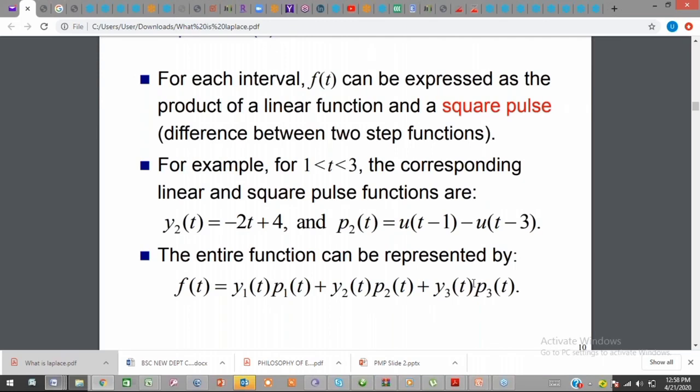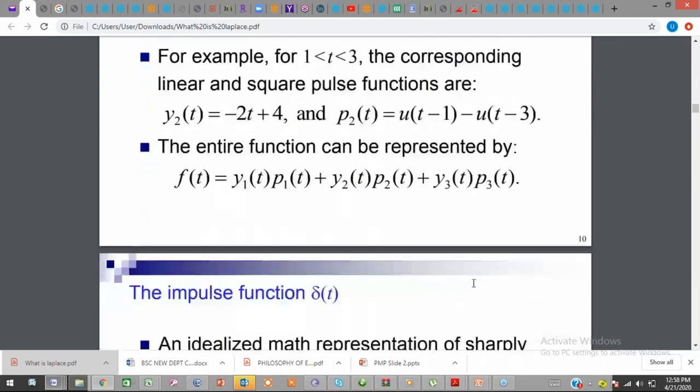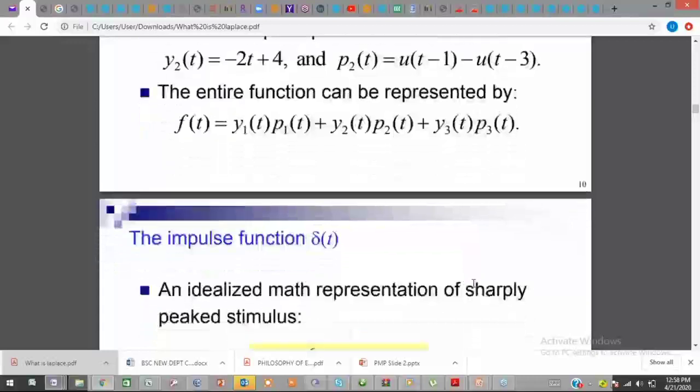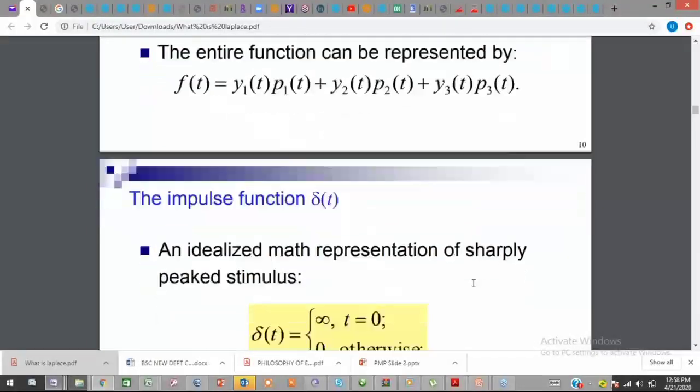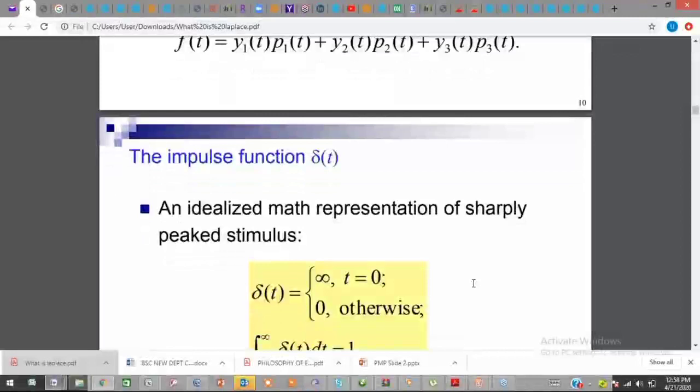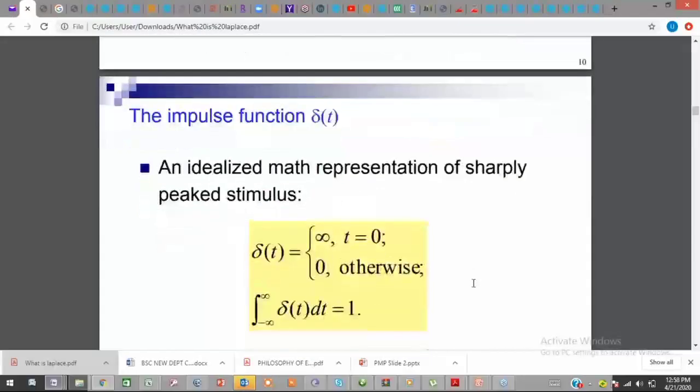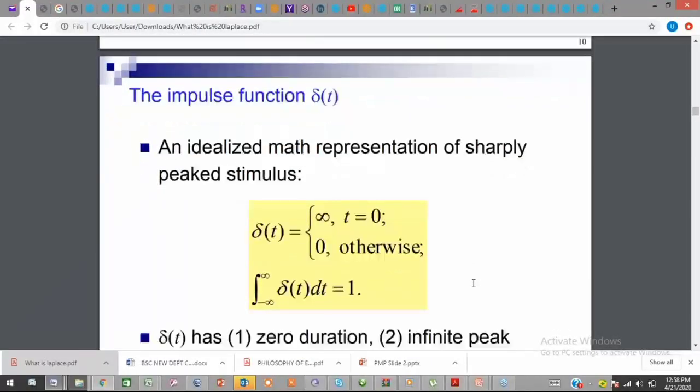Now, to look at it further, the impulse function, that's change in time, delta t. An idealized mass representation, you can see it from the diagram on the screen, where delta t is equal to infinity where t is equal to 0, and 0 otherwise. So we also have the integral from minus infinity to infinity of delta t equal to 1.